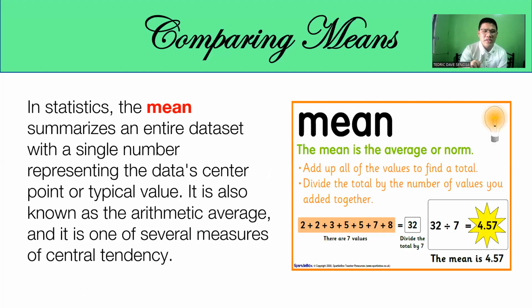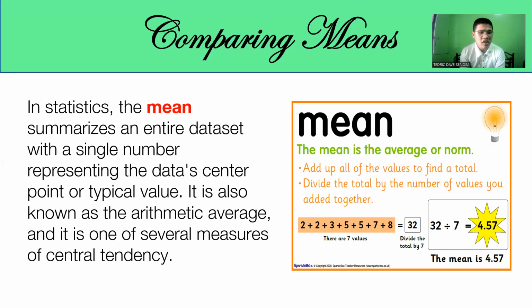So, how to do this? Before that, what is a mean? We all know the definition of mean. The mean is actually the arithmetic average, or a single number representing the data center point or typical value.